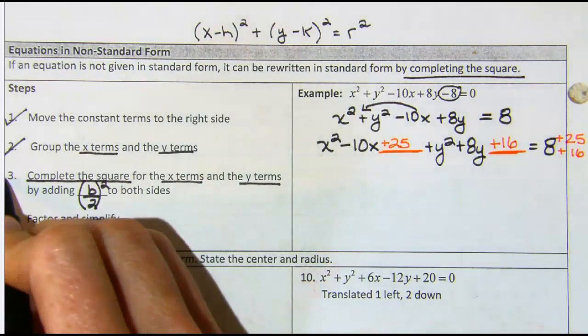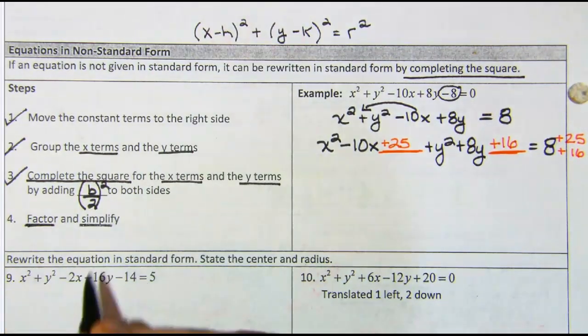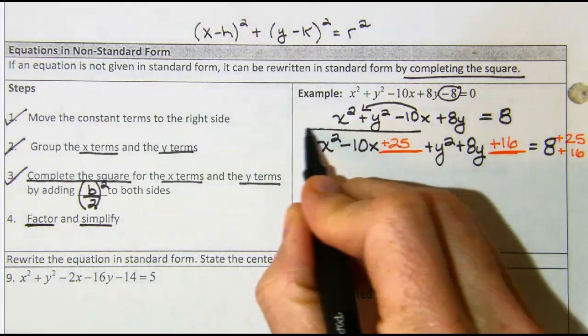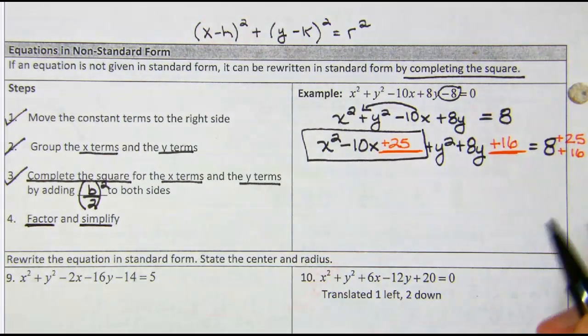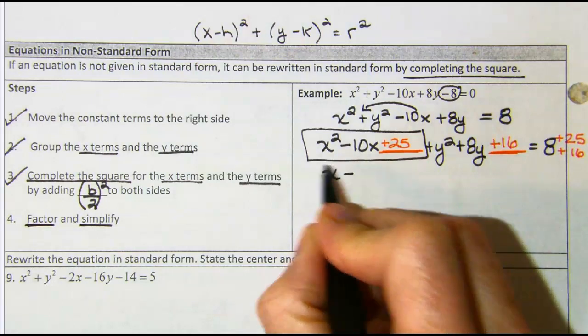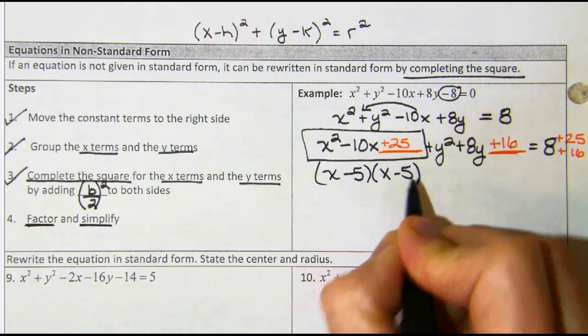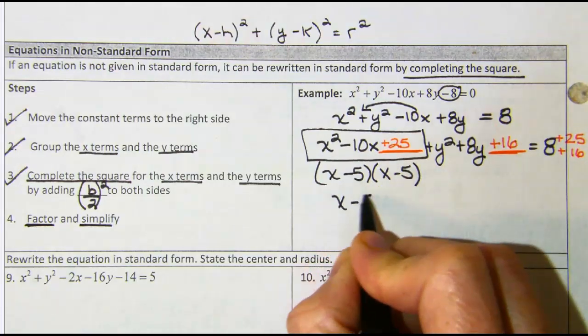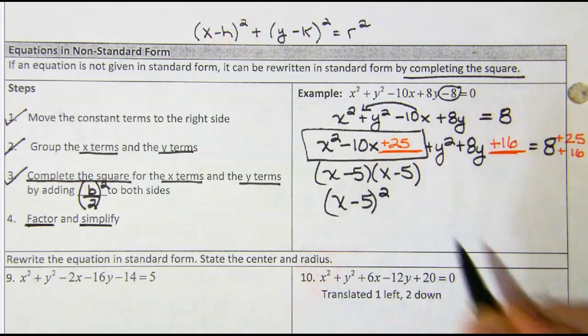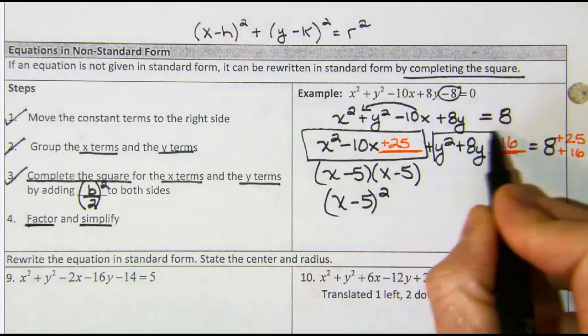Step 4 says to factor and simplify. Now, this is where the magic comes in. Only look at this and factor that. Well, that is x minus 5, x minus 5. So I can write that as (x minus 5) squared. Now go to this portion.